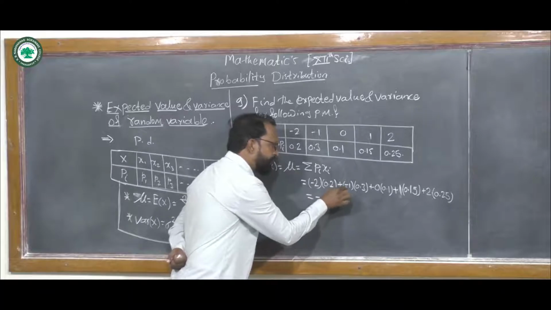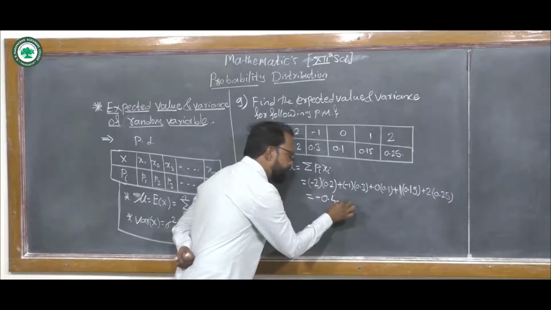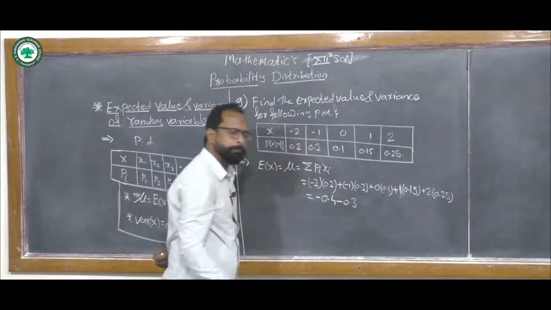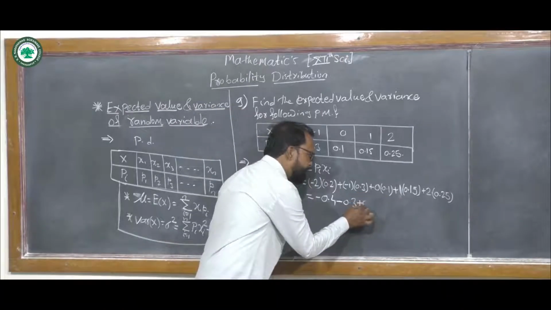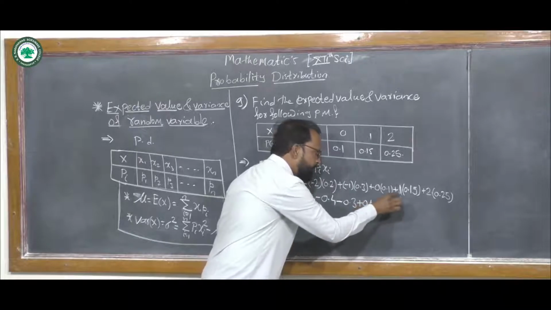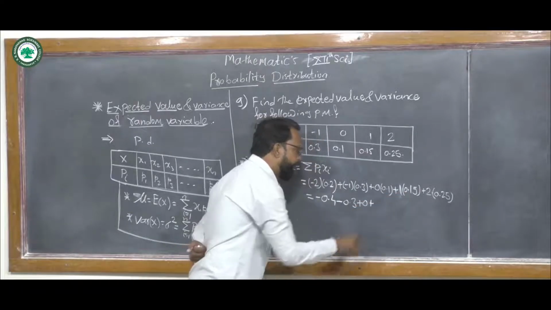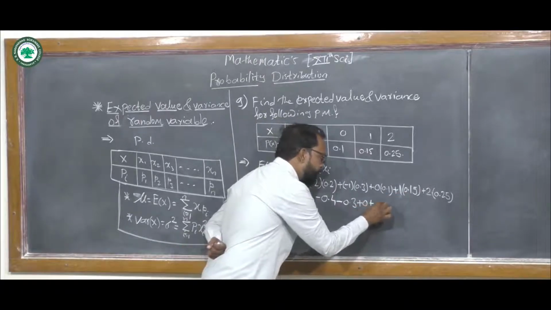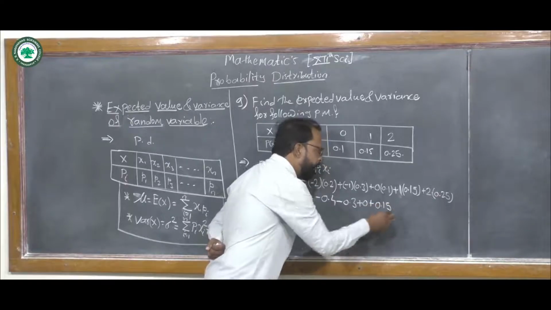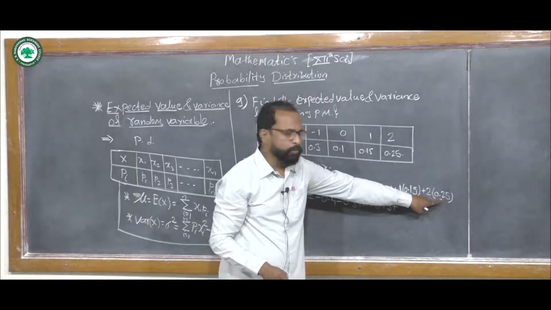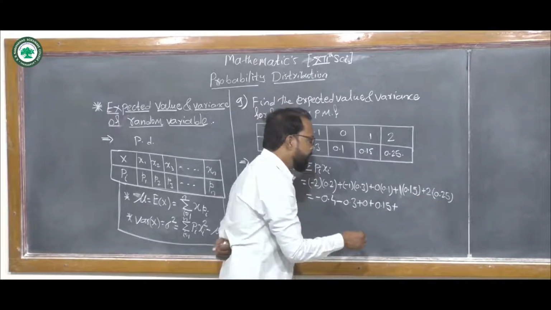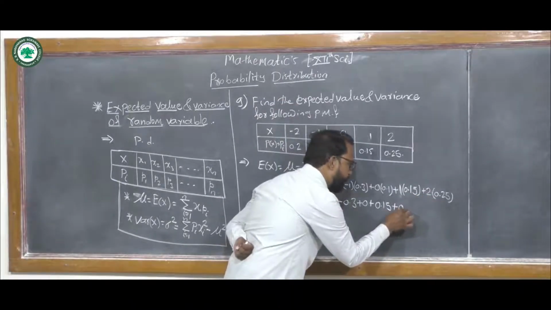Here again -1 into 0.3 becomes -0.3. 0 into 0.1 means 0, plus 1 into 0.15 means 0.15, and plus 2 into 0.25 is 0.5.